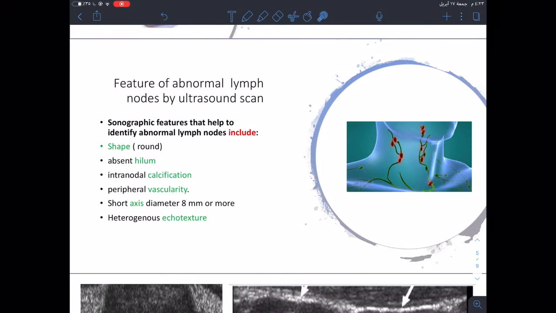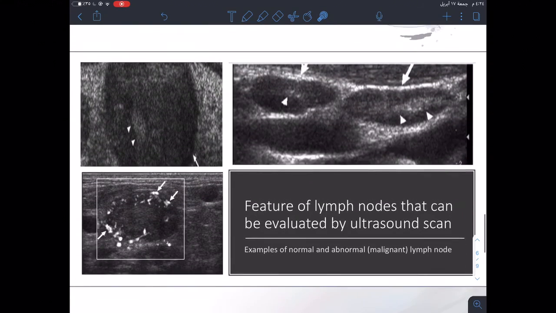So this is an abnormal lymph node. Also, the abnormal lymph node by ultrasound shows absent hilum, intranodal calcification, peripheral vascularity, short axis diameter of 8 millimeters or more, and heterogeneous echo texture.